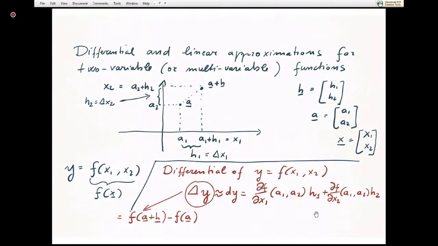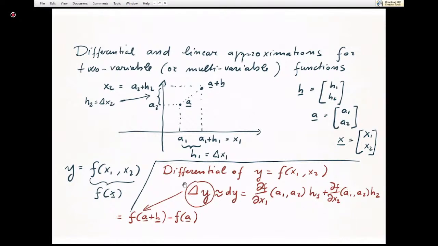Whatever the shape of our two variable function, we are dealing with a linear approximation. A linear approximation is just the sum of linear increments, supposed increments of our function.